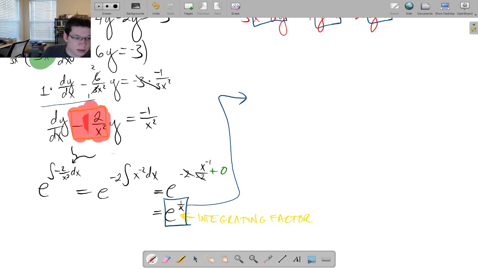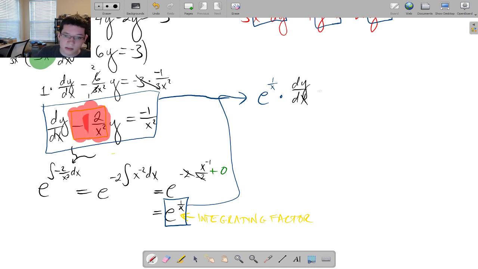So we have this over here, and so we'll do e to the 1 over x times the rest of our equation, dy dx minus e to the 1 over x times 2 over x squared y, black please, is equal to, and again, e to the 1 over x times negative 1 over x squared.